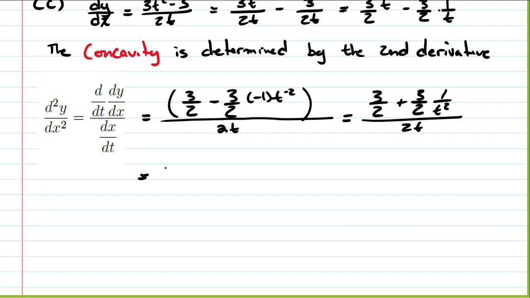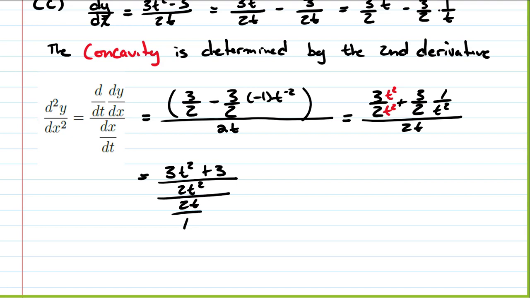In the numerator, we have 3 plus, getting our common denominator, we would need a t squared and a t squared. So that's going to be (3t squared plus 3) over 2t squared, divided by 2t over 1.